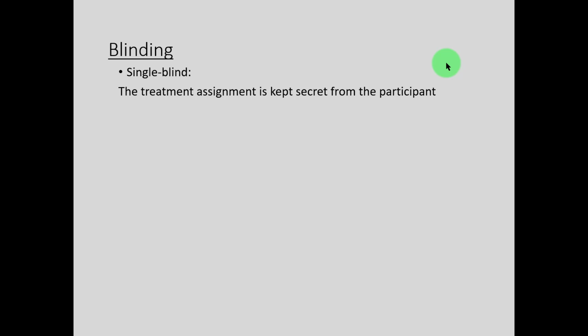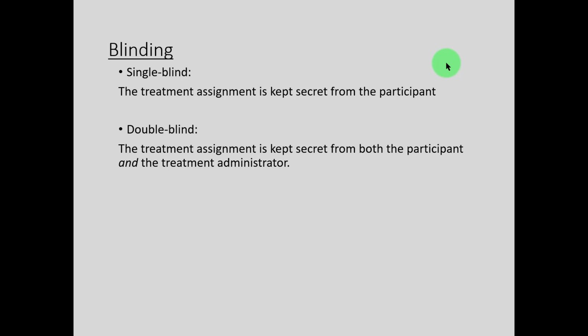And then there's double blind, where the individual, again, is unaware of the treatment that they're receiving, but also the individual who is providing the treatment, the administrator, does not know what they are administering either.